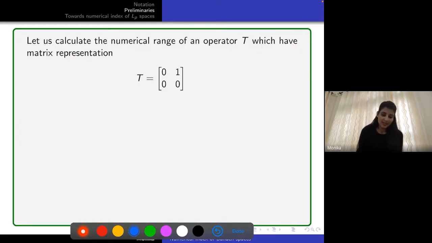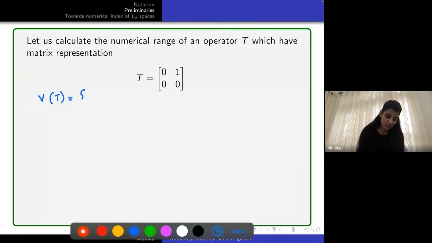So let's calculate the numerical range of an operator just to have a little bit of an idea. I am considering this operator T whose matrix representation is given by 0, 1, 0, 0, and we want to compute V(T).